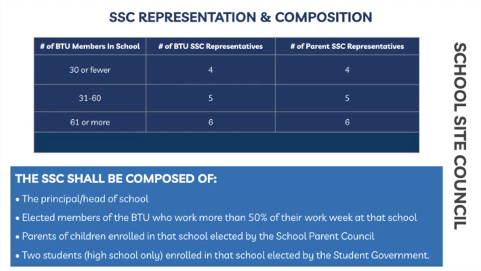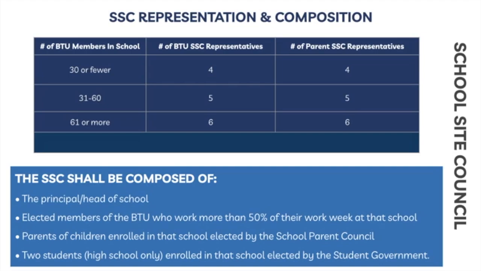If you have a school that has 31 to 60 BTU members at that school, the number of BTU SSC representatives should be 5 plus 1, including the school leader, making a total of 6. So on the parent side, it should also be 6.